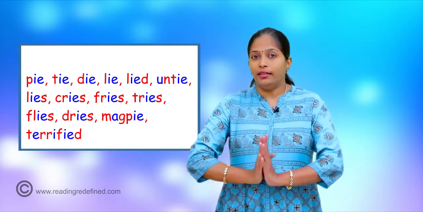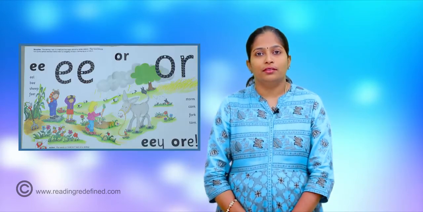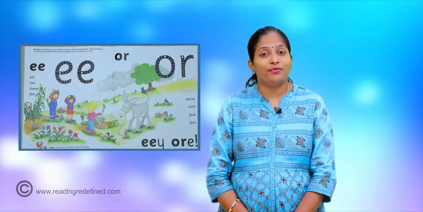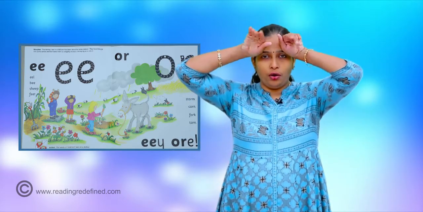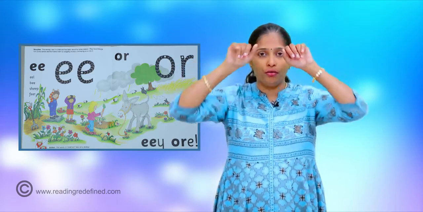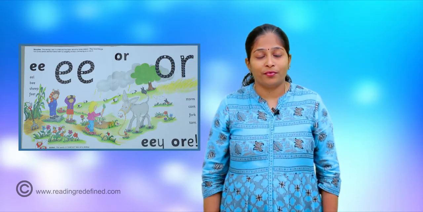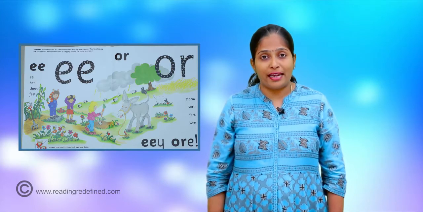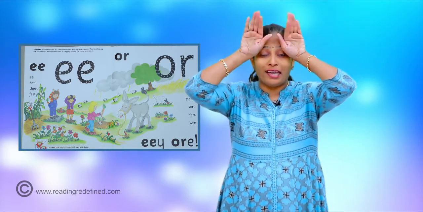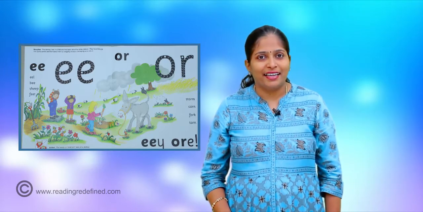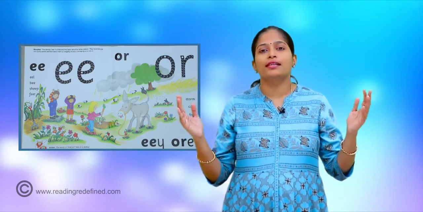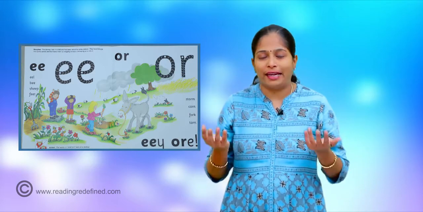Let's move on to the last sound. Yes, now we have the sounds 5 and 6 together. E-O, E-O, E-O. What did you get? Yes, the donkey braying. E-O, E-O, right? Isn't it funny? That's why E and O are given together, to make it funny.